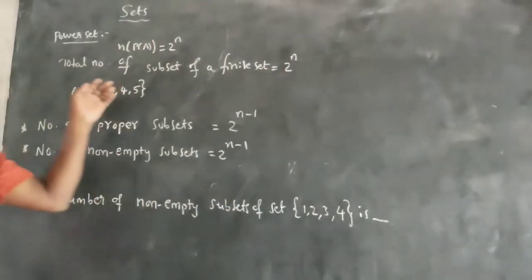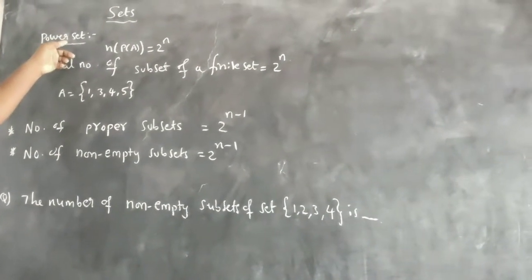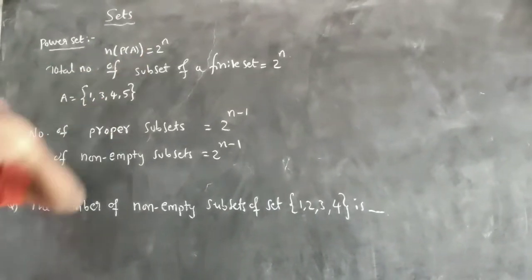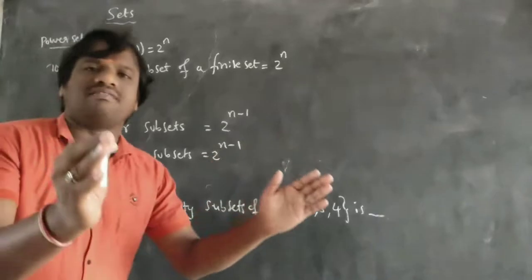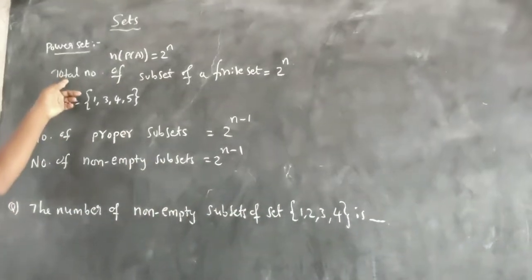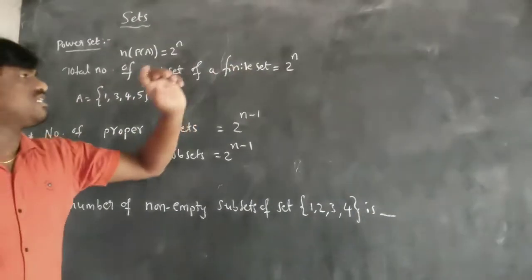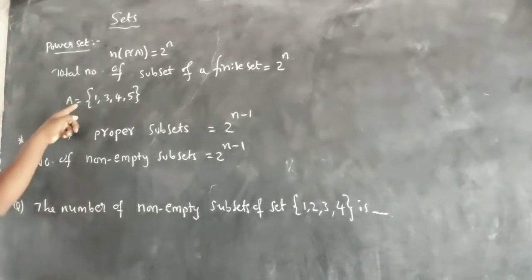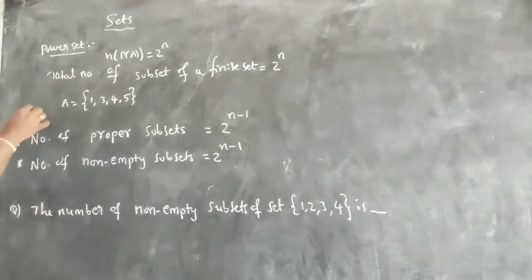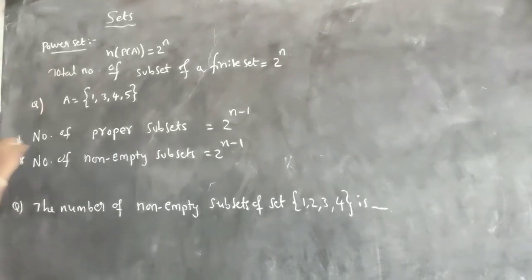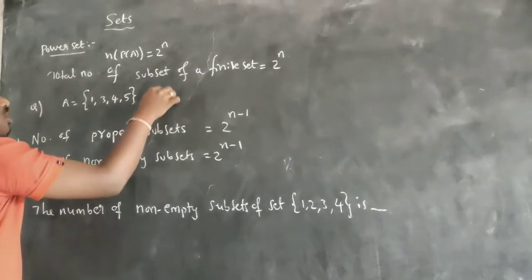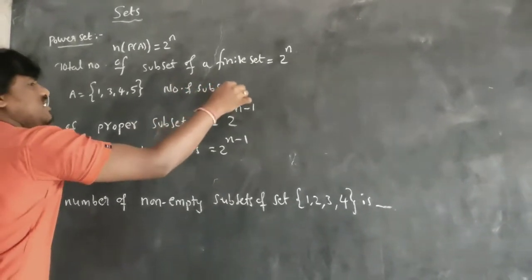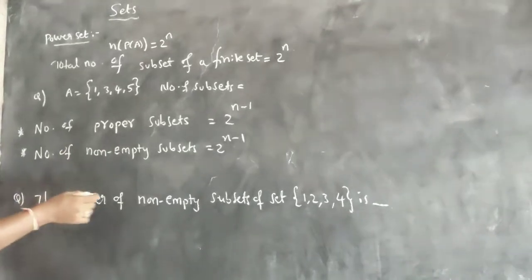Now, the formula for the number of power sets is 2 power n. I already discussed this in the previous lecture. The total number of subsets of a finite set is 2 power n. Suppose you have this question: find the number of subsets for this set. How many subsets are there?